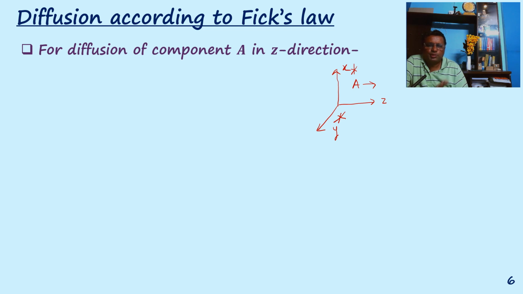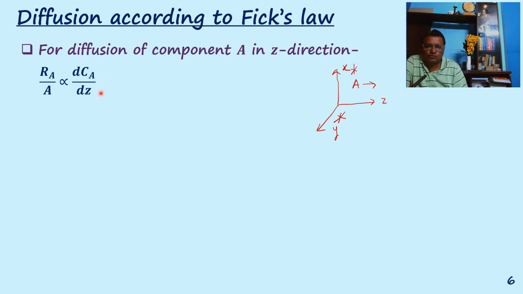So for this particular case, how to apply the law? For diffusion of component A in z direction, the law will be stated like this: rate of diffusion per unit area. The rate of diffusion Ra per unit area A is directly proportional to concentration gradient in z direction, so it is dCA by dz.